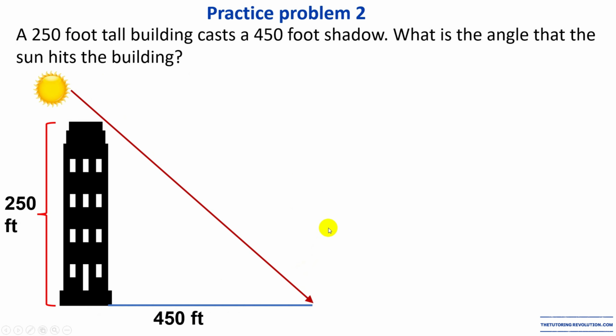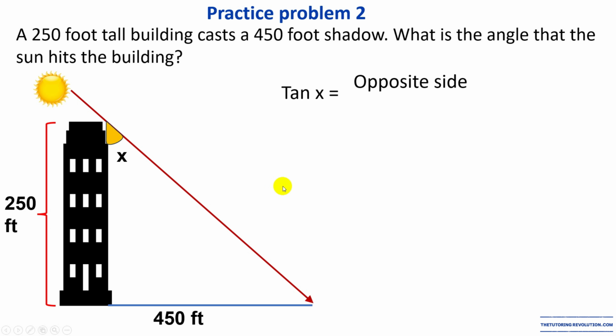Now, the angle that we need to find is this angle. And again, we have to see if this is the reference angle. Let's call that X. So what information do we have to find the angle? We have the opposite side and the adjacent side. So I will use the tangent function because that links opposite and adjacent.